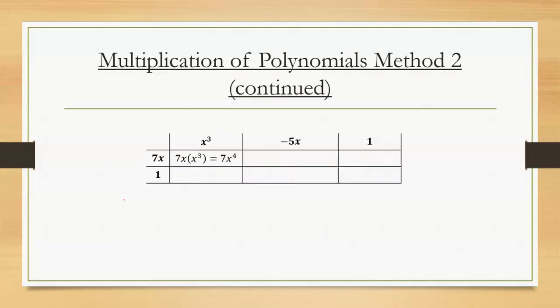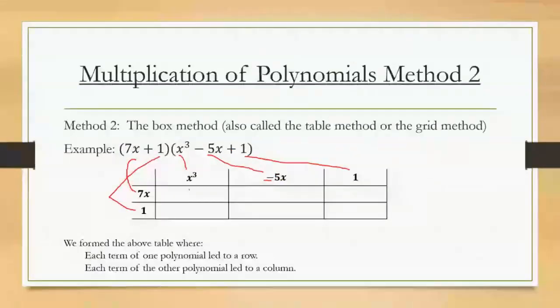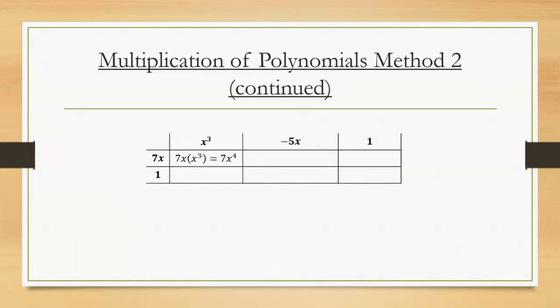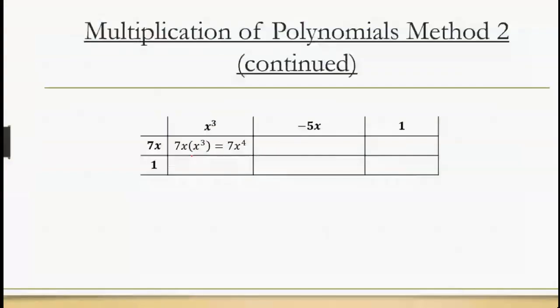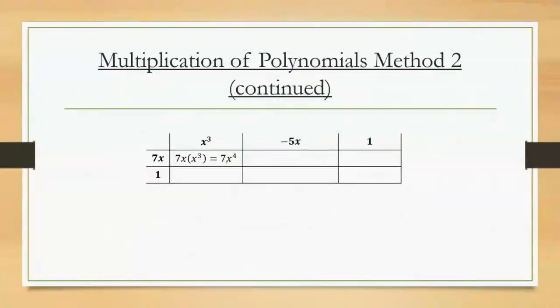Anyway, how do you get these entries in the middle, these little box entries? You multiply the corresponding row and column terms and that's what goes in the box. So we have 7x times x cubed. That's where 7x to the 4 comes in.